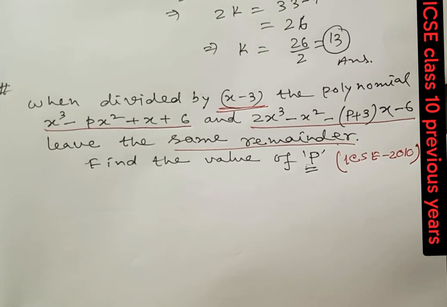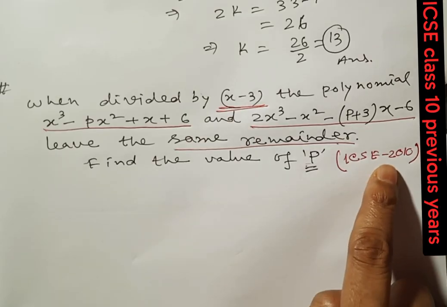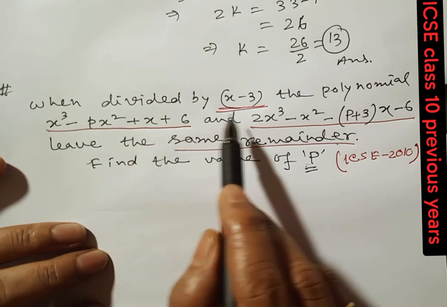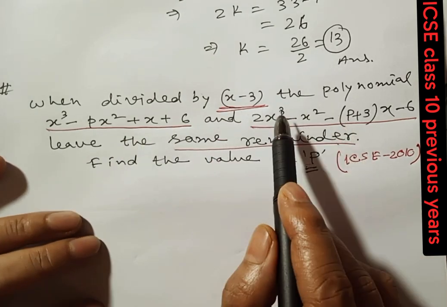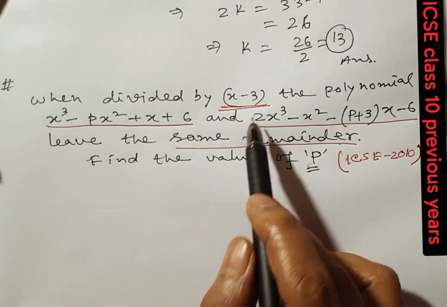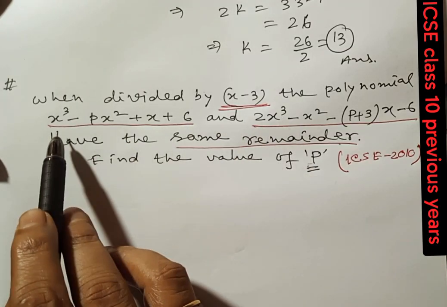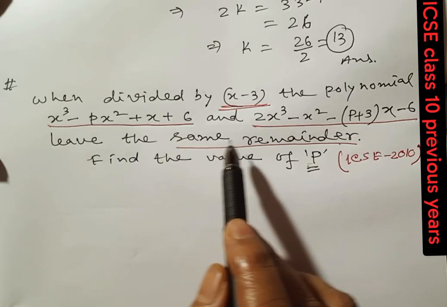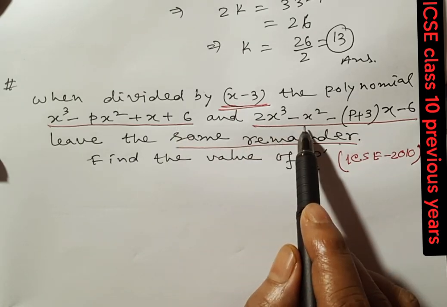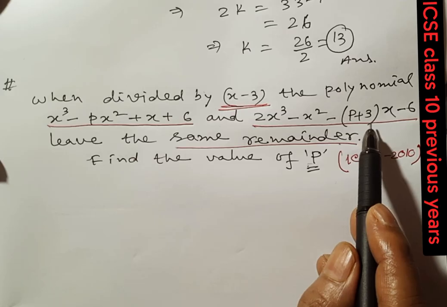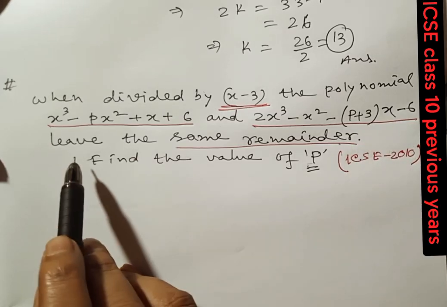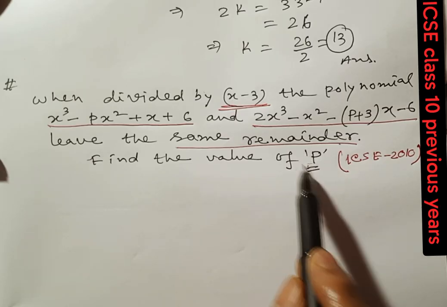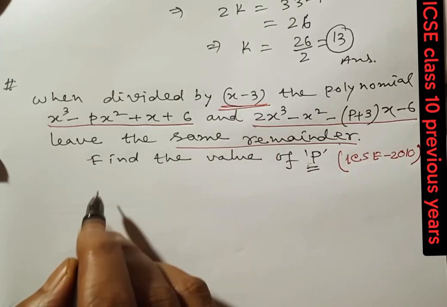Now I will solve an ICSE 2010 question. Here it is given that when the polynomials x cube minus px square plus x plus 6 and 2x cube minus x square minus p plus 3x minus 6 are divided by x minus 3, they leave the same remainder. Find the value of p.